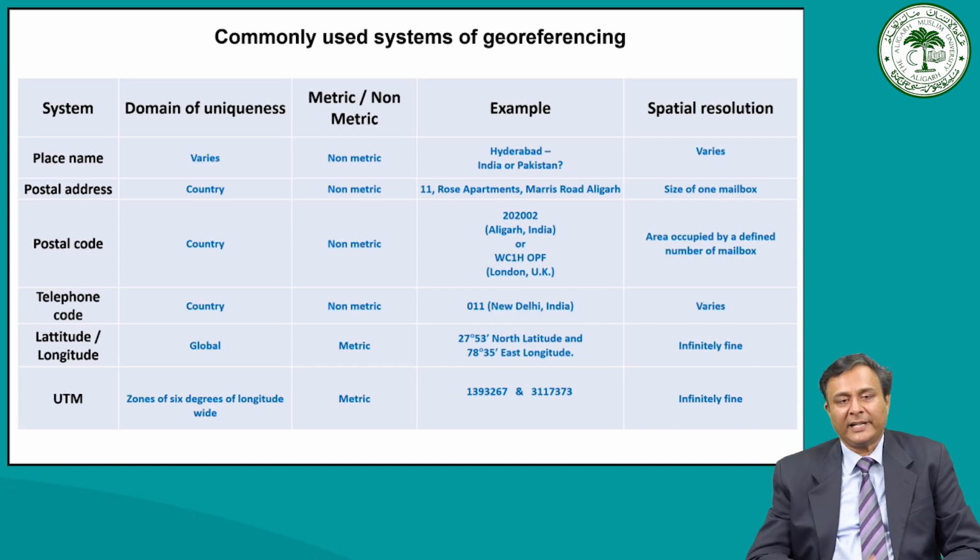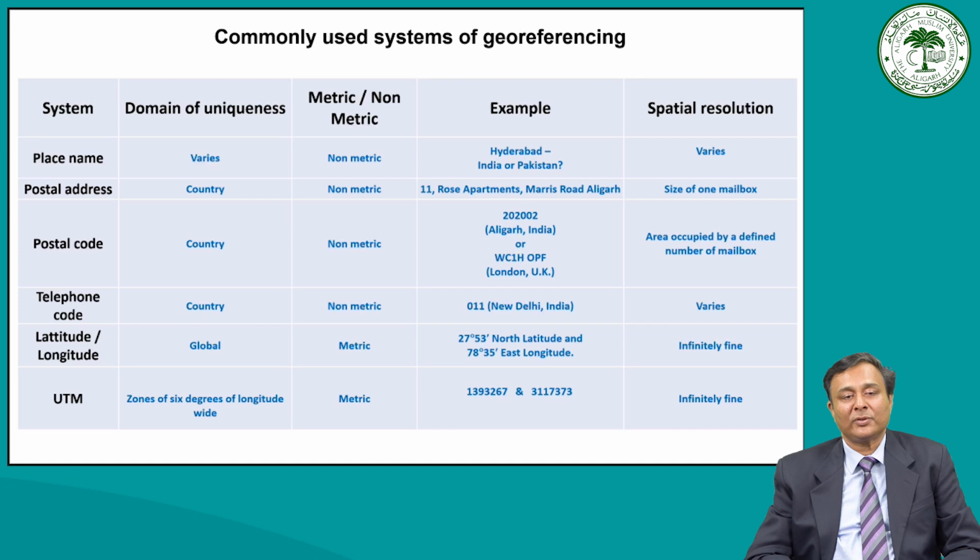Another can be the postal address. Now, this postal address again is unique, but this postal address is confined to a country or a state. As we move away from the country or the state, the uniqueness of postal address does not remain consistent. So that is also something which we cannot take all the time as a type of georeferencing for spatial information.